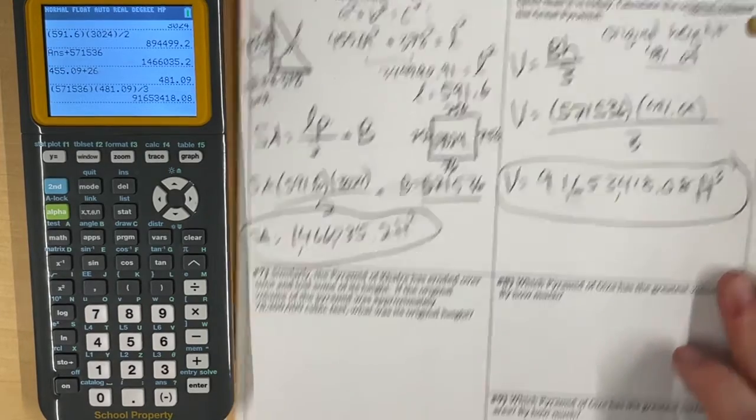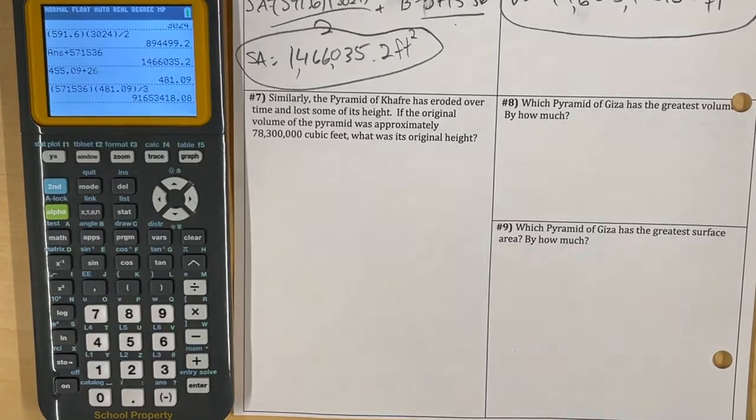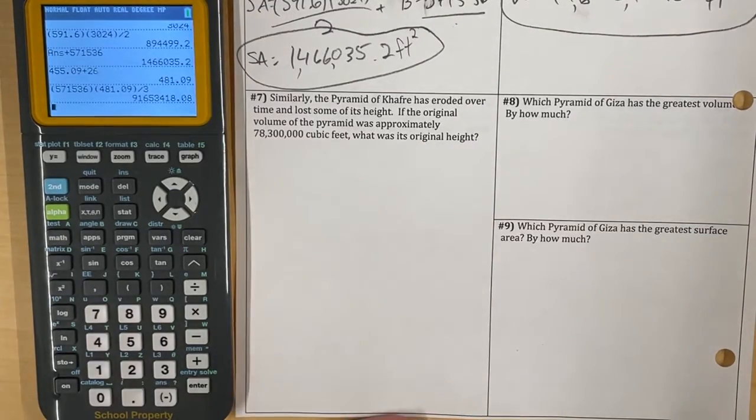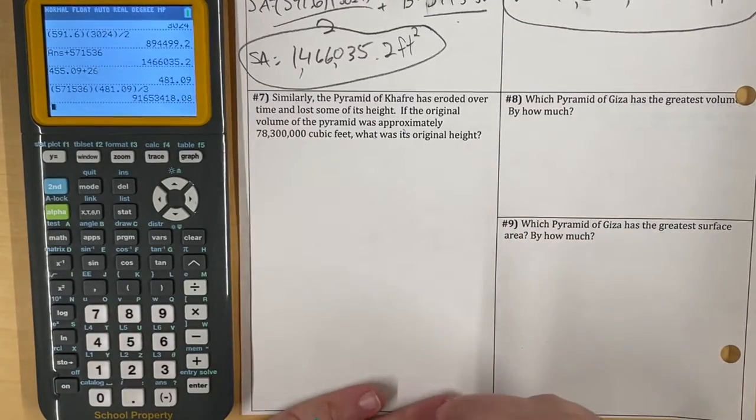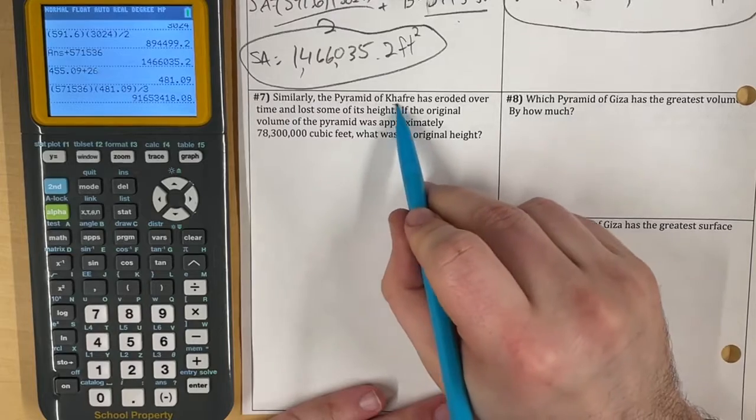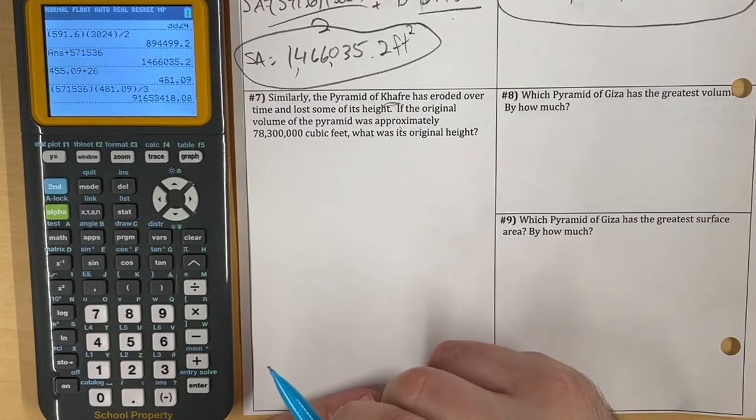Okay, then in number 7 at the bottom, similar idea. We're going to say, what's going to be that original height when it gives us the volume? So we're talking about that pyramid there.